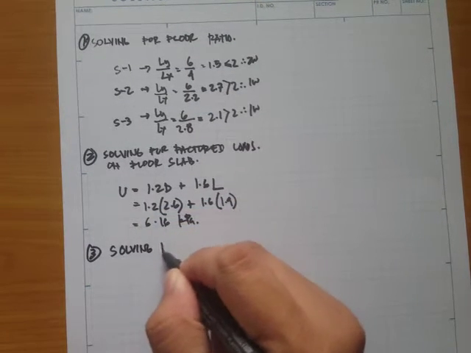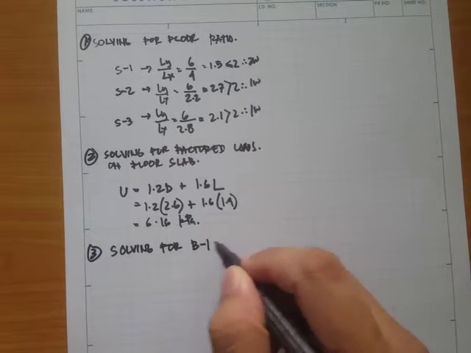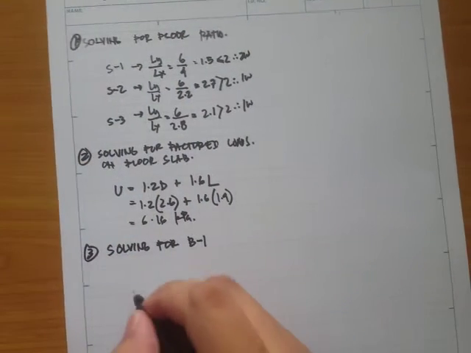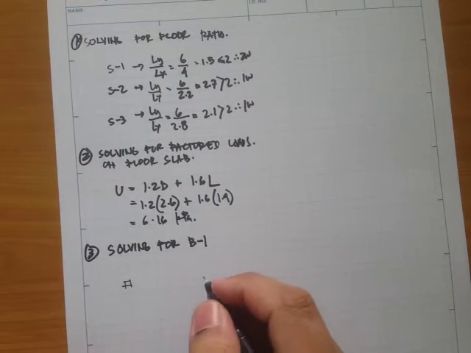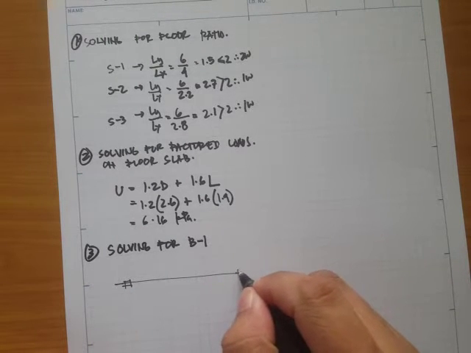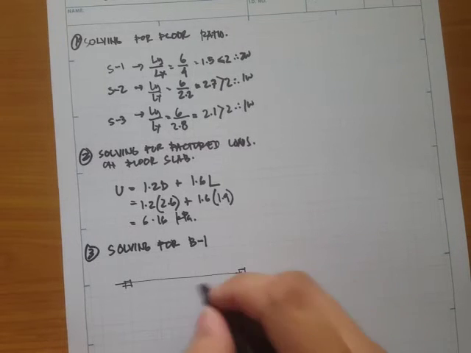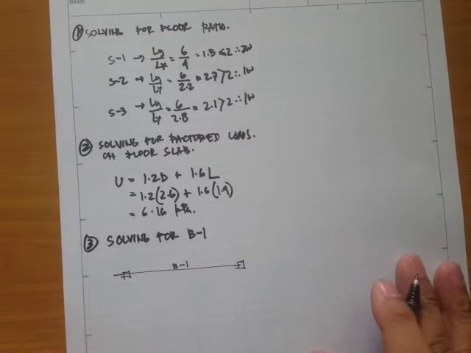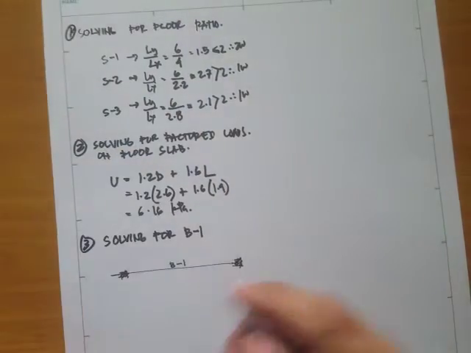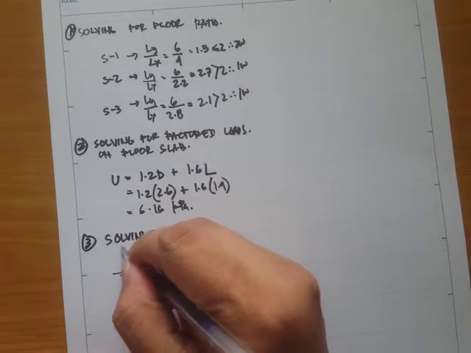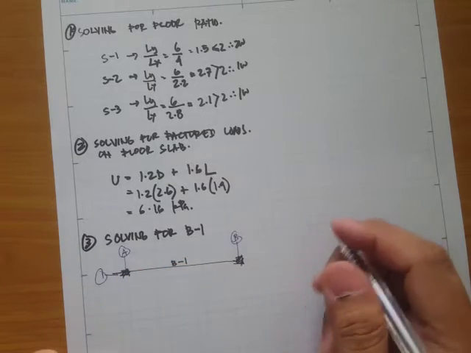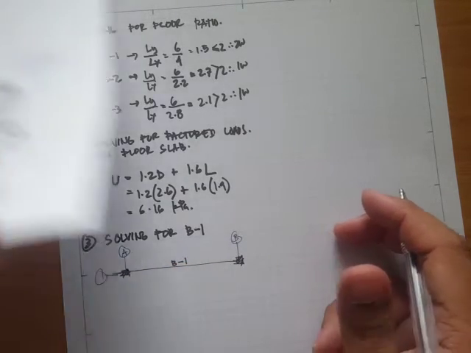Okay, solving for B-1. If we try to draw the B-1, this is our grid line A, and this is B, and this is grid line number 1.